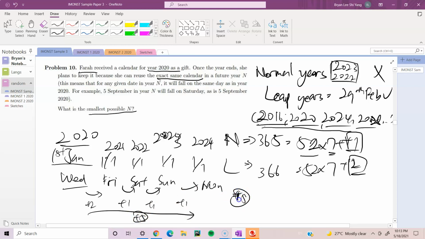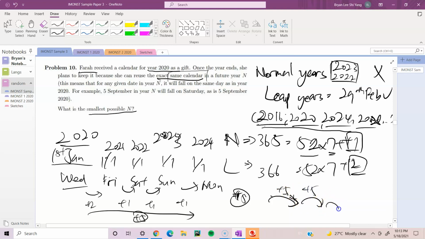Since Farah wants to reuse the same calendar in a future leap year, where if the 1st of January is a Wednesday in 2020, that year the 1st of January will also be a Wednesday, the total of plus 5 she has to take must be a multiple of 7.